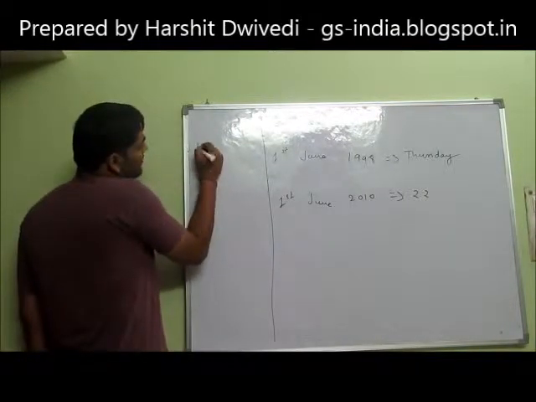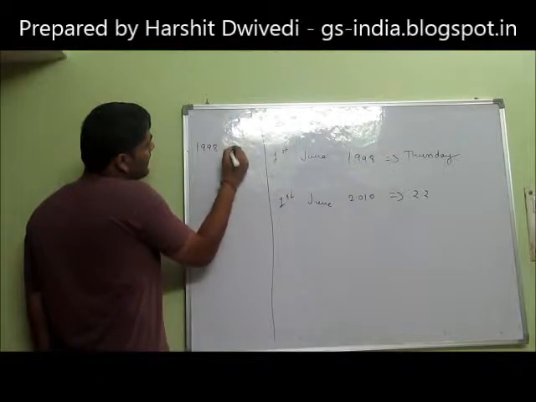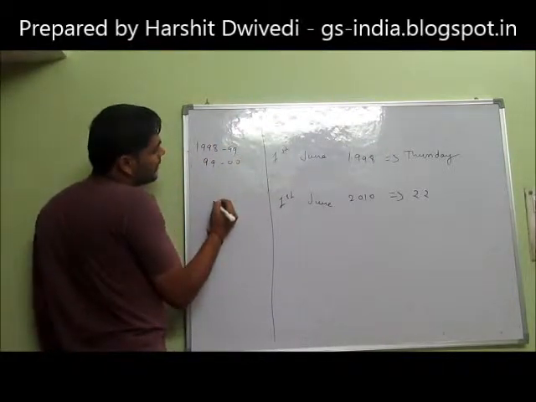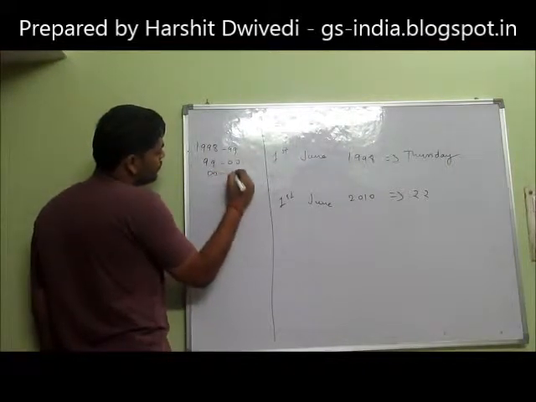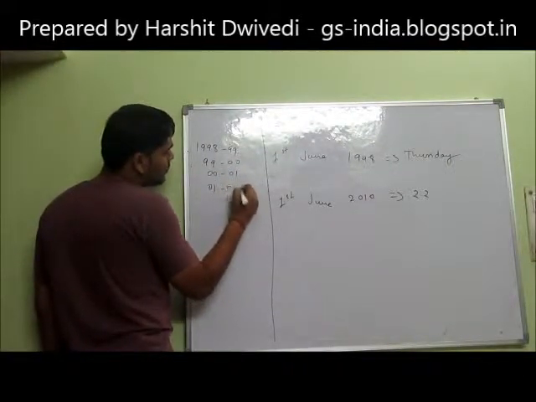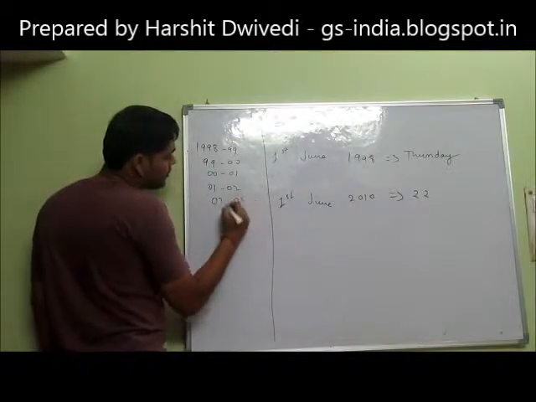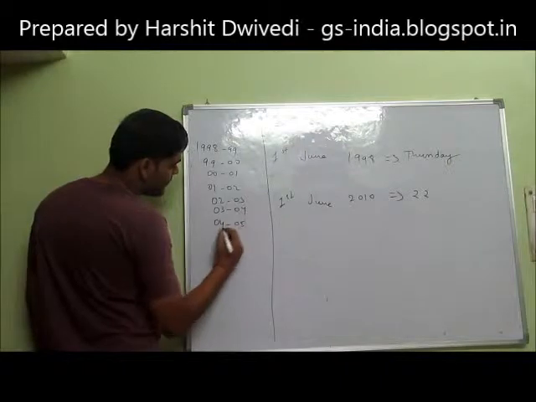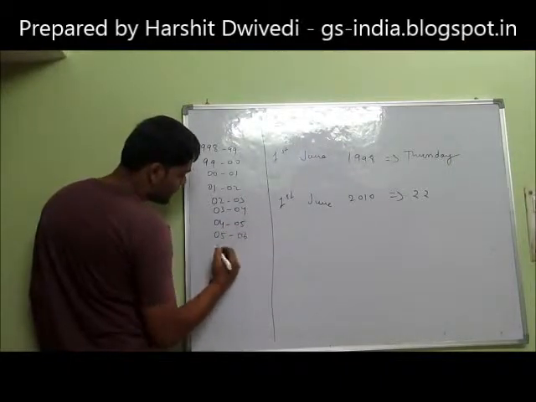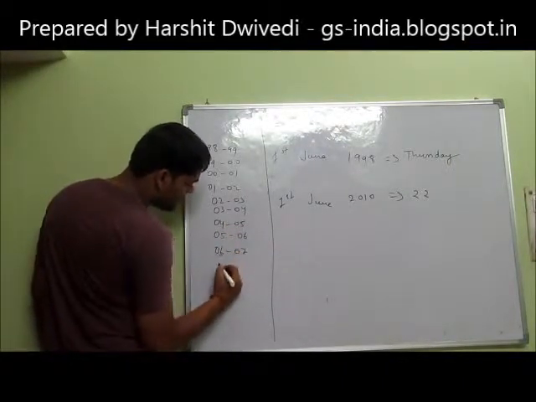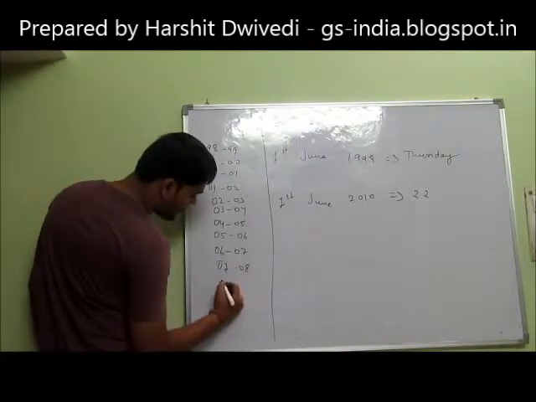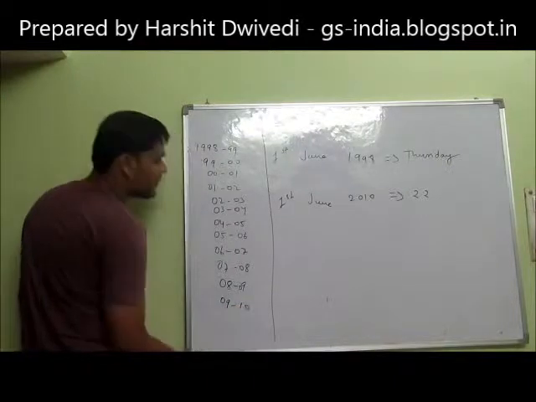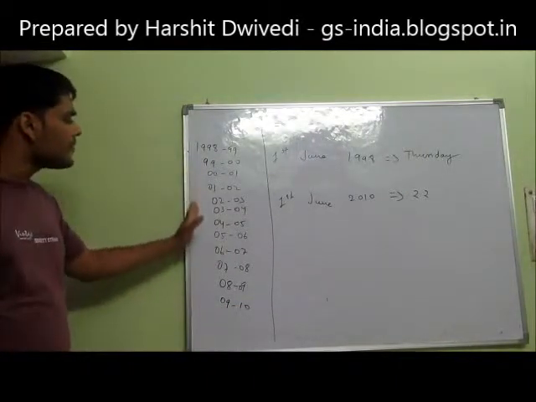So we can divide this into these intervals: 1998 to 99, 99 to 2000, 2000 to 2001, 2001 to 2002, 2002 to 2003, 3 to 4, 4 to 5, 5 to 6, 6 to 7, 7 to 8, 8 to 9, and 9 to 10. This is what I have written as intervals.